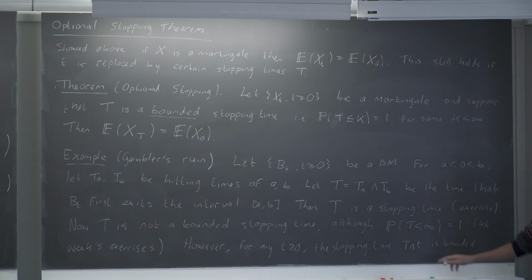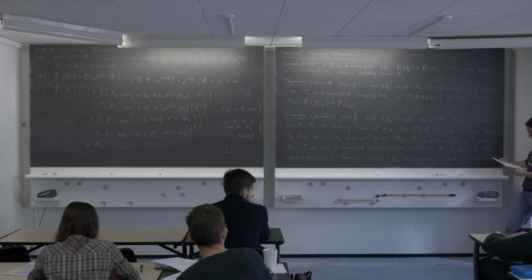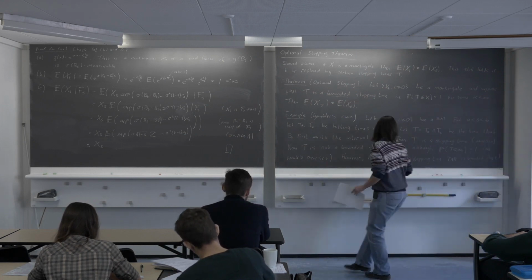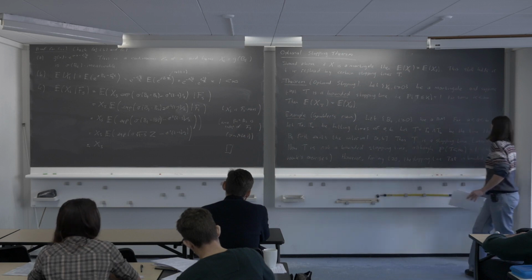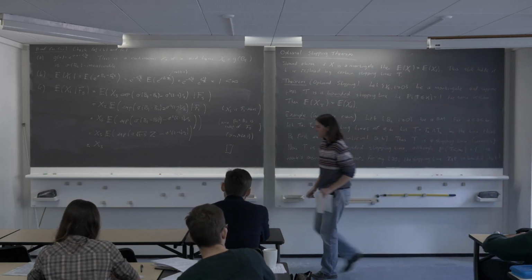Well, what's it bounded by? It's bounded by little t, just by definition. The minimum of little t and anything is smaller than little t. Okay, and so we can apply the optional stopping theorem to this stopping time and this martingale.